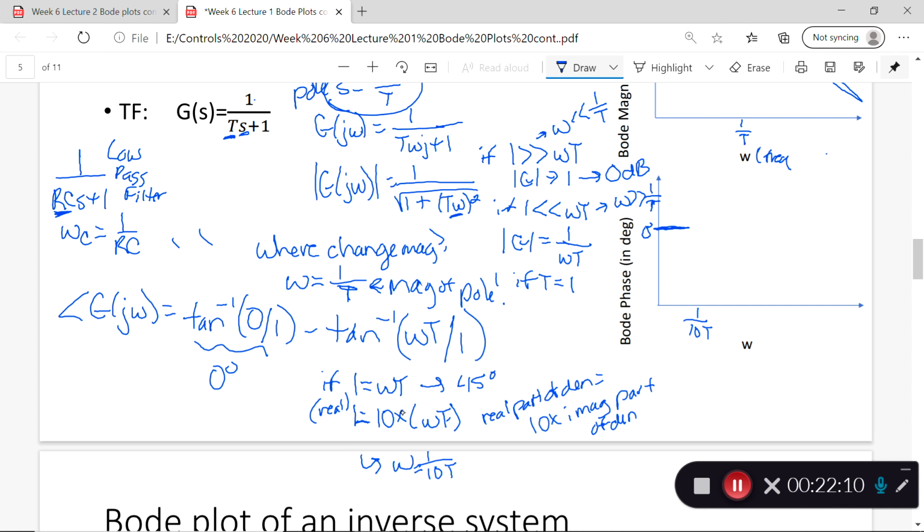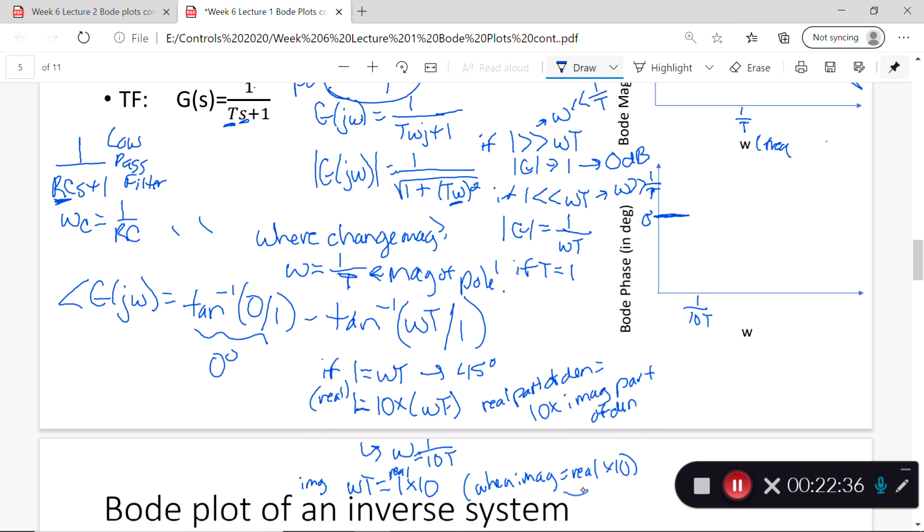But what happens when I get the reverse? When my imaginary component, which was omega t, equals my real times 10. So here's my real times 10. So this is when imaginary equals real times 10, or my imaginary component is much, much bigger than my real component.